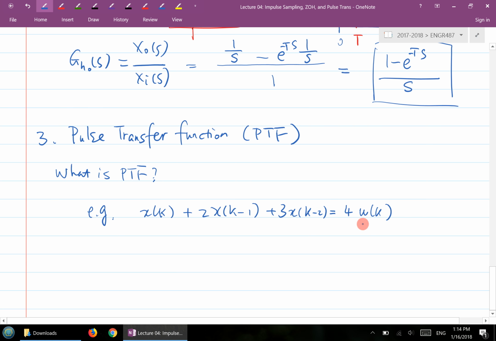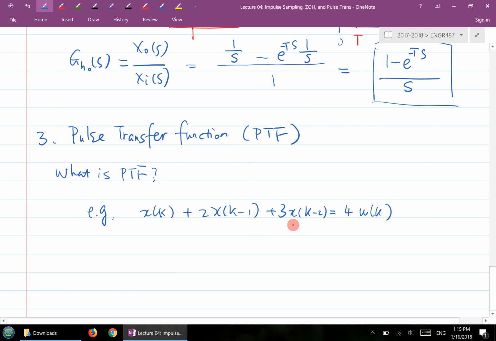So you have your input u, and then you have your output x, and u is given to a certain discrete system, and the output is x, the output of the discrete system.